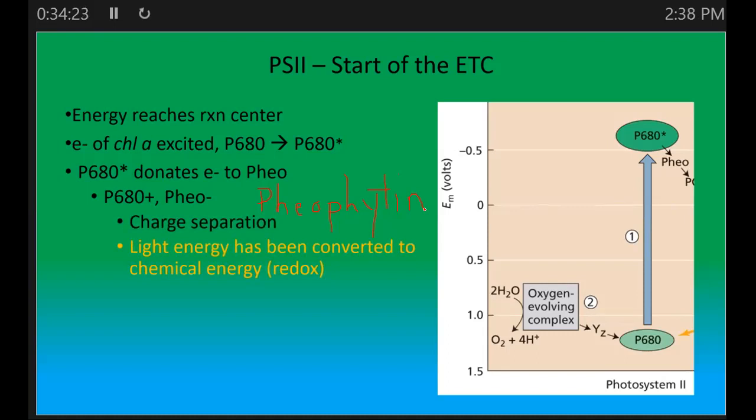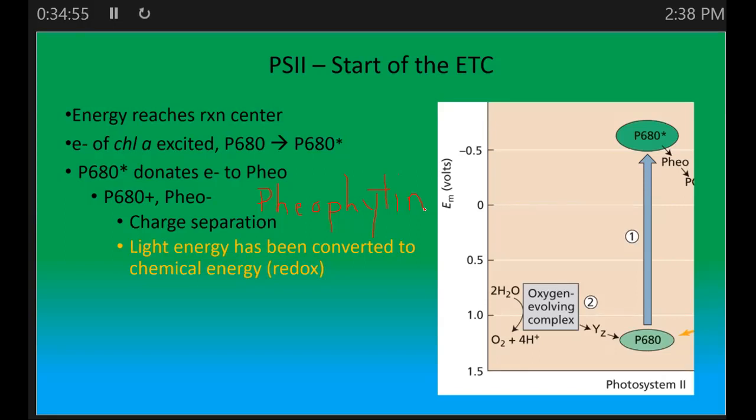A redox reaction just means you have an electron that got donated from one molecule and accepted by another. That's what they're showing on this figure, where P680's electron got boosted to an excited state, and you see pheo sitting right there, right by photosystem 2, ready to get that electron.